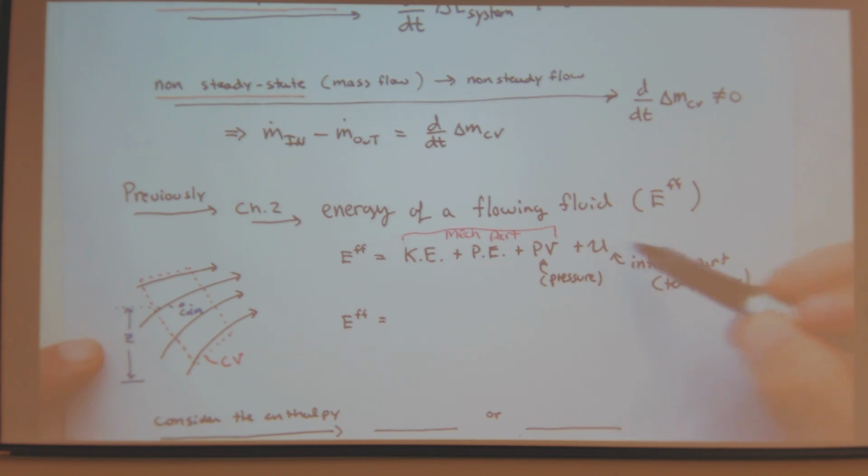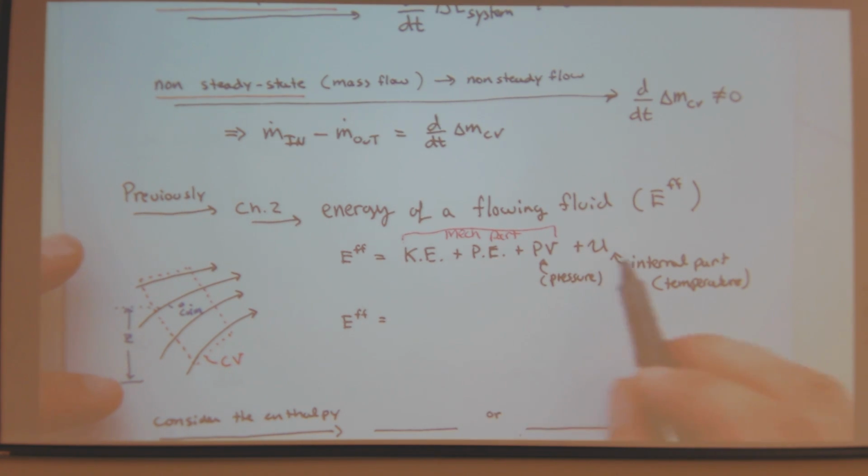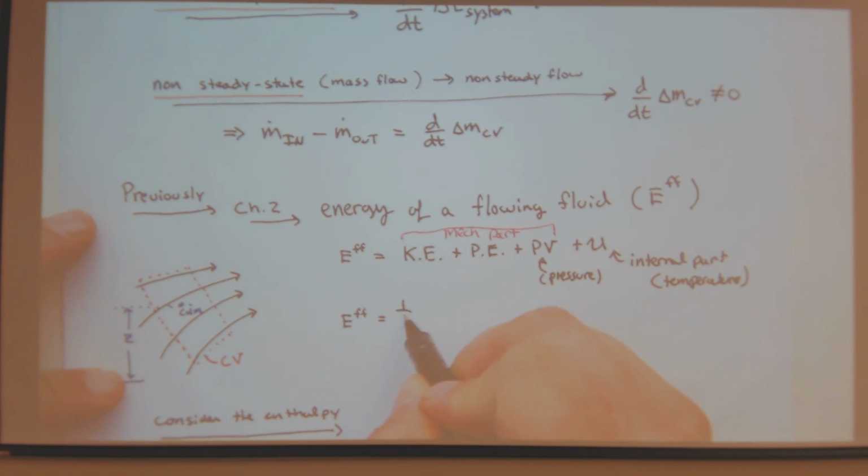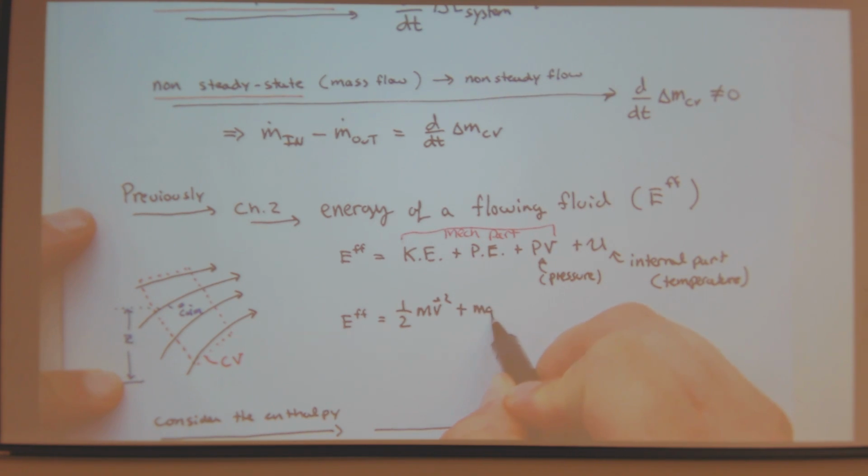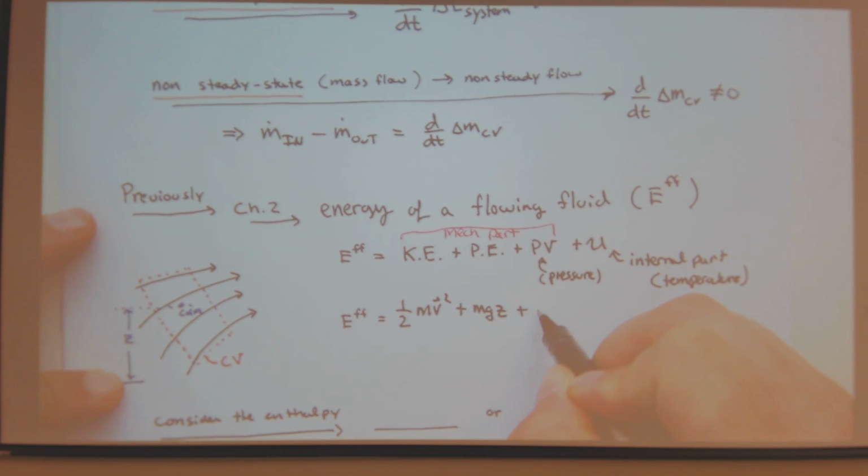Now, of course, this contribution to the energy of a flowing fluid, or a control volume of flowing fluid, has a pressure part in it too. Okay, I'm probably just confusing things. So let's just think of it in terms of temperature. So 1/2 mv squared plus mgz plus mP specific volume plus m small u.